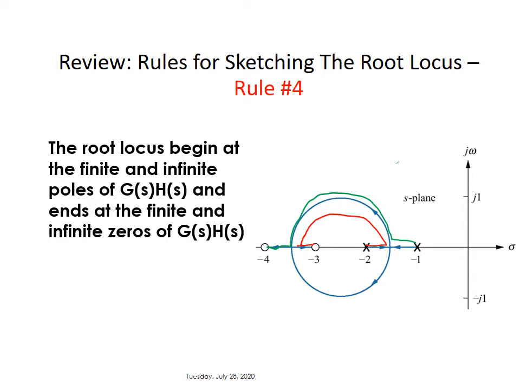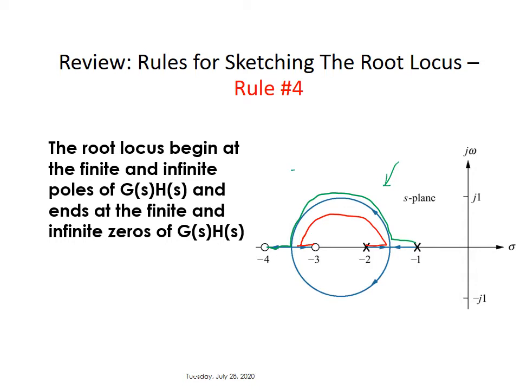And if you look at the example of this particular root locus, it agrees with all the previous rules that we have seen. For example, the first rule we cannot verify, because it says the number of poles equals the number of branches, and we don't have the equation over here, so we cannot verify that.